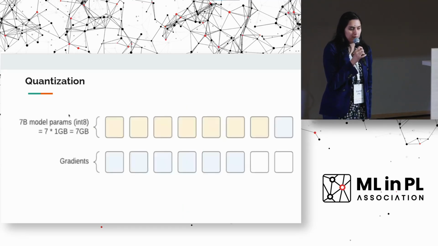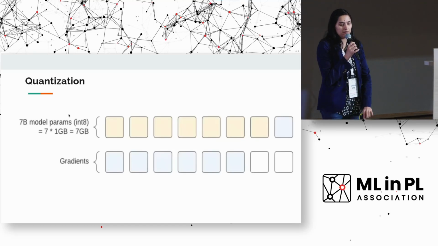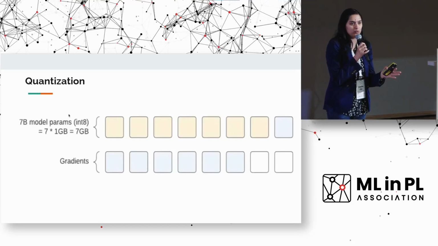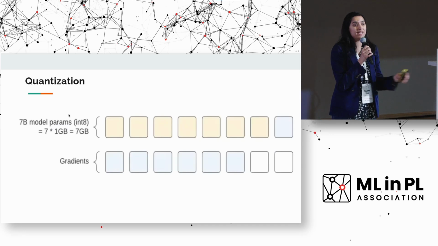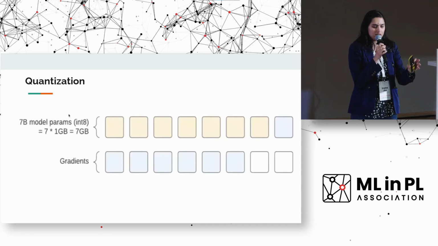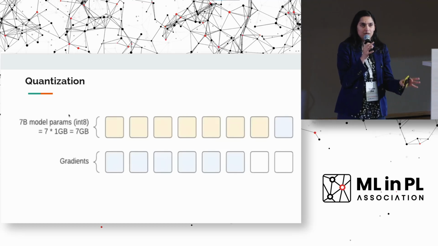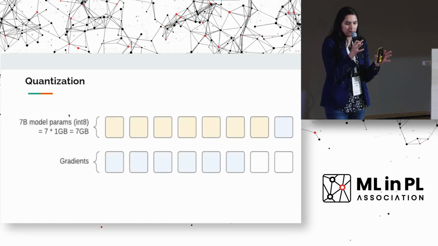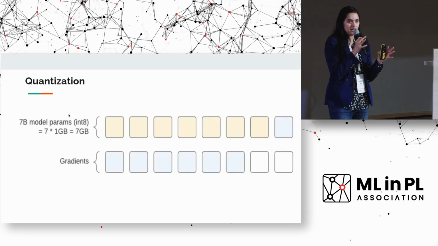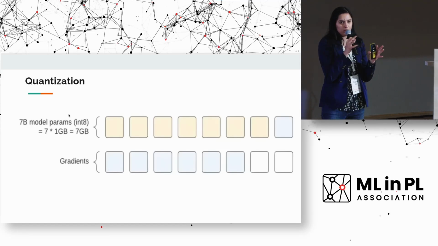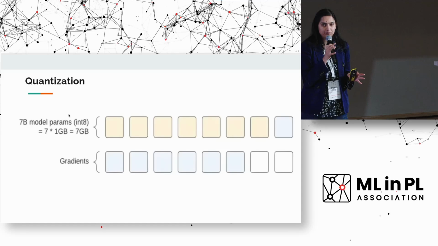Why we bring this up is if you quantize the value to 8-bit values, this is what it does to your memory distribution. Now suddenly your model parameters have shrunk to 7 gigs. And now that frees up space for gradient space.